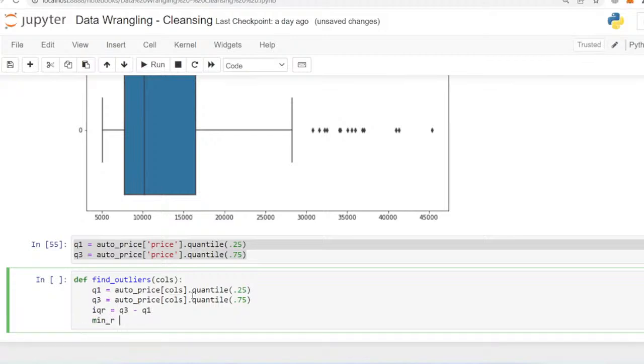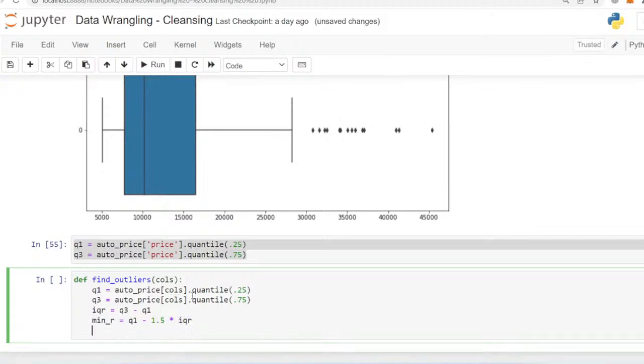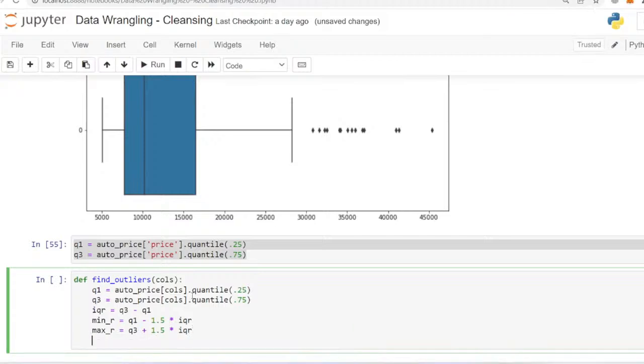Then we get my minimum range, which is equal to Q1 minus 1.5 times IQR, and max range, which will be given by Q3 plus 1.5 times IQR.